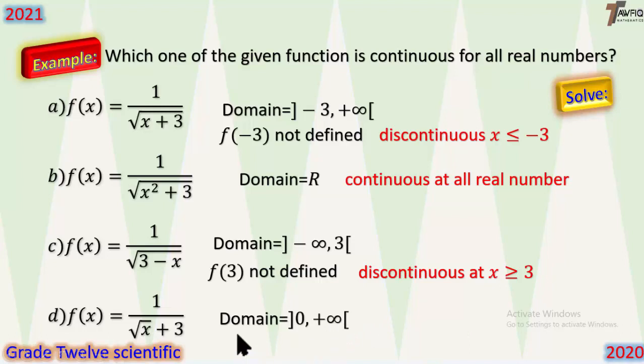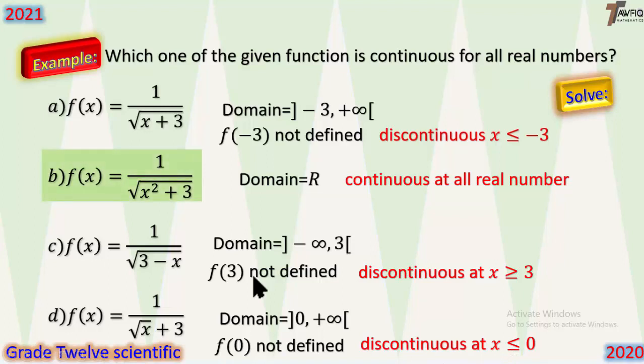The last one, the domain of this function is from 0 to positive infinity. F of 0 is not defined, therefore discontinuous at x less than or equal to 0. That means B is the right answer.